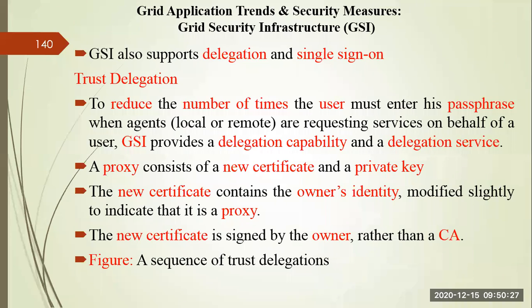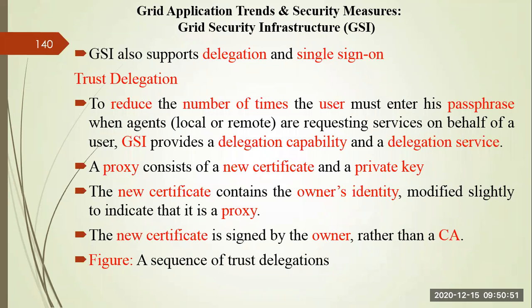GSI provides the delegation capability and delegation service. A proxy certificate consists of a new certificate and a private key. So here they are issuing the proxy certificate in which the private key is there, so that you can verify whether it belongs to the delegation services.